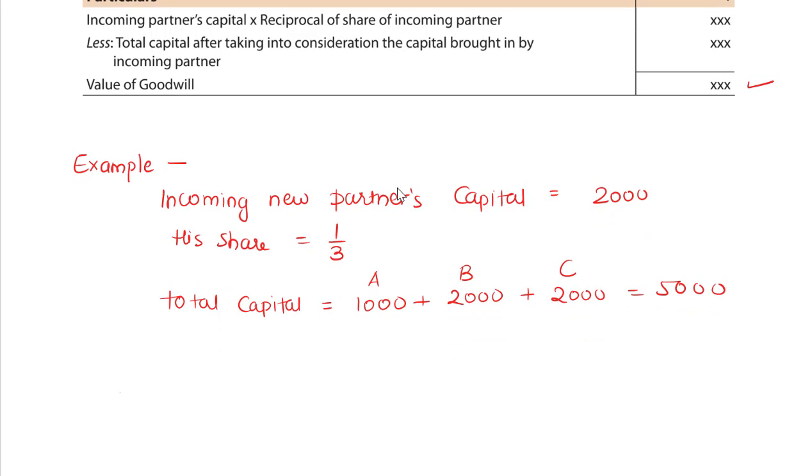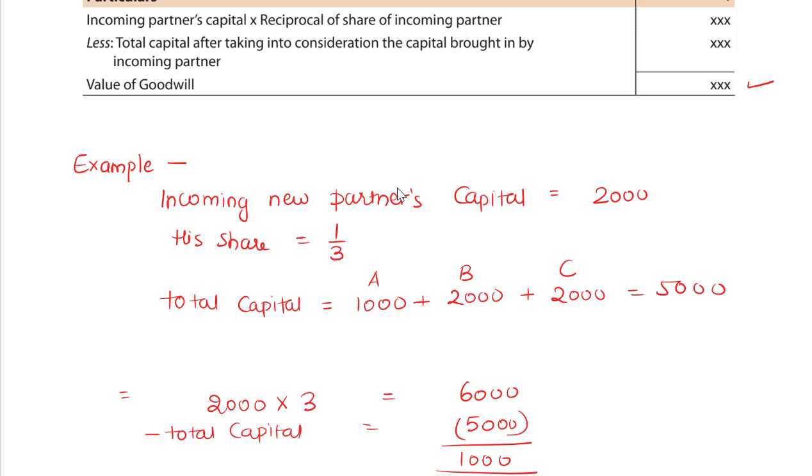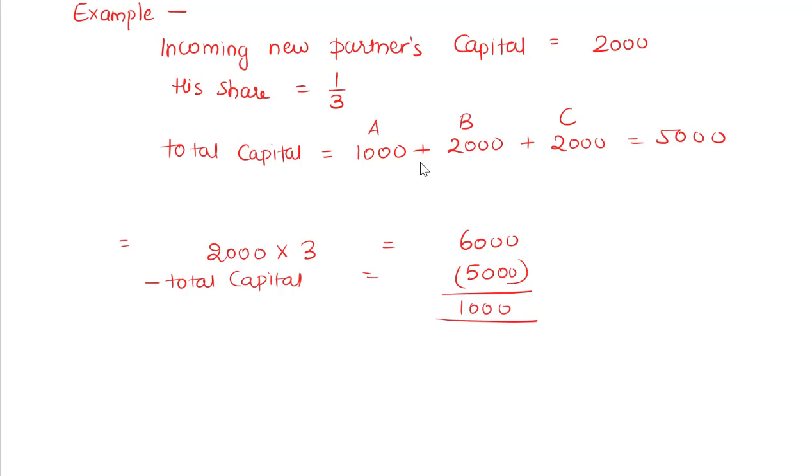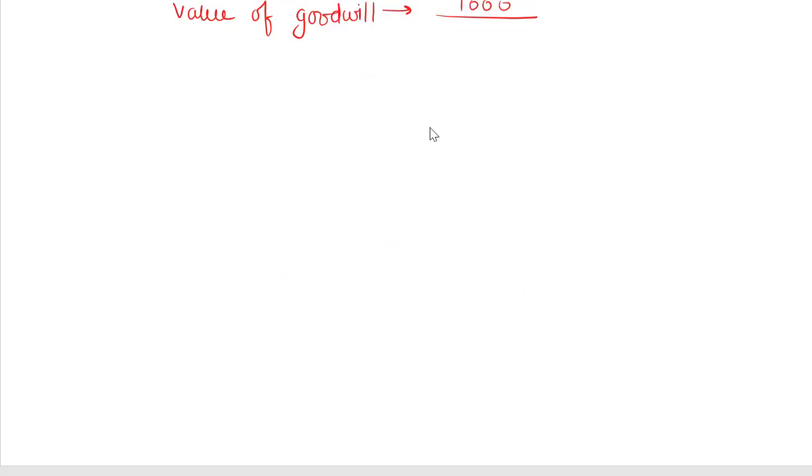Now you put in this formula: incoming partner's capital, that is 2000, multiplied by reciprocal 3 equals 6000, minus total capital, that is 5000. So 1000 is extra or excessive. This is the value of goodwill. I believe you understood this. Let us continue.